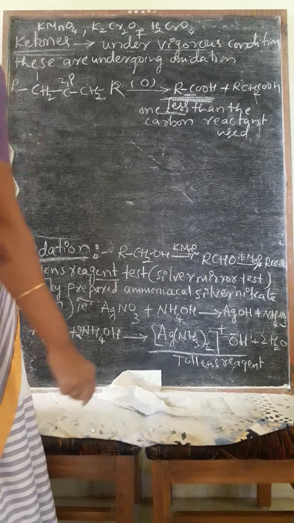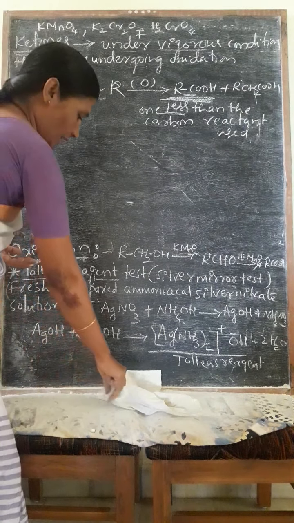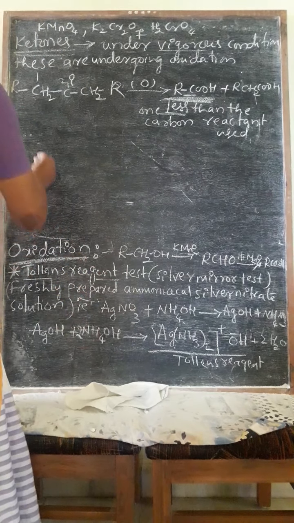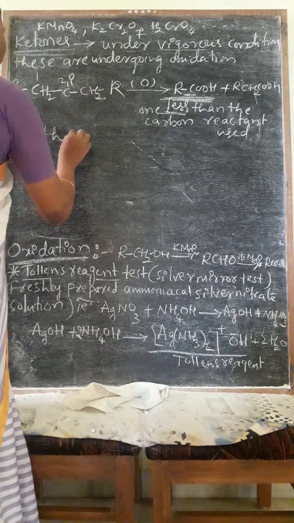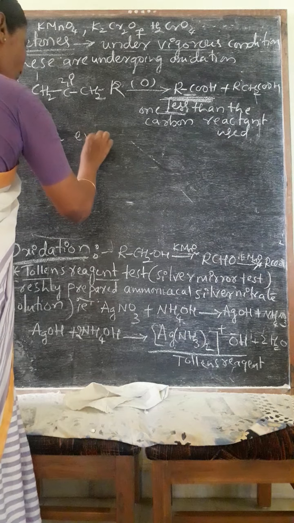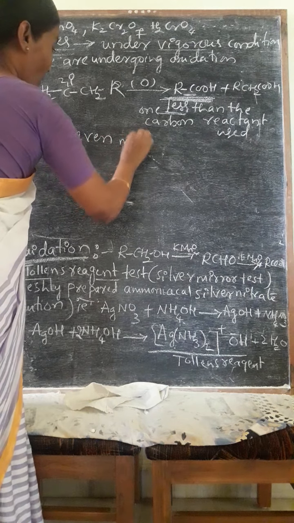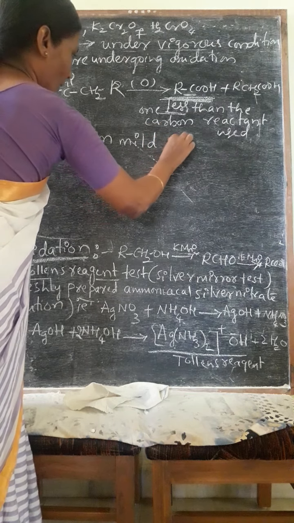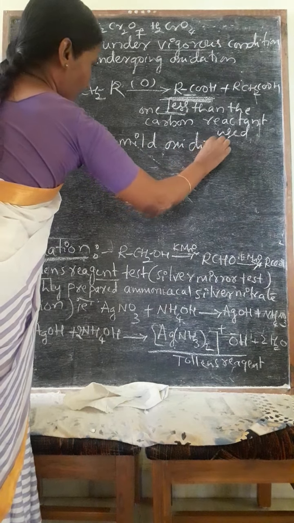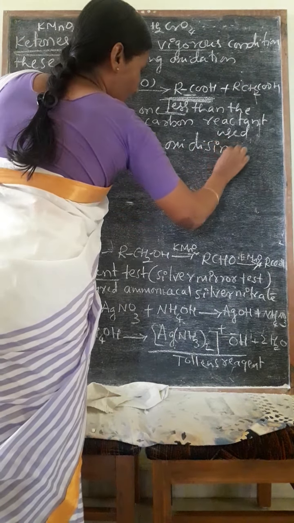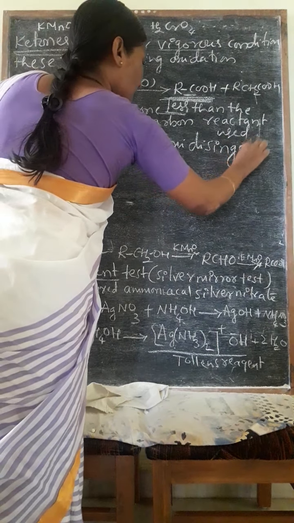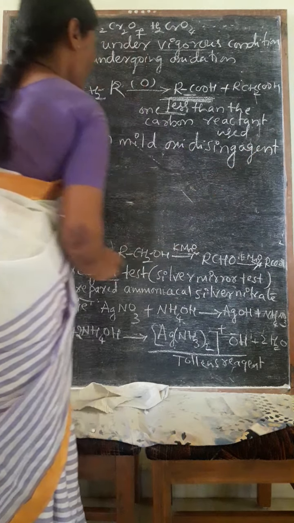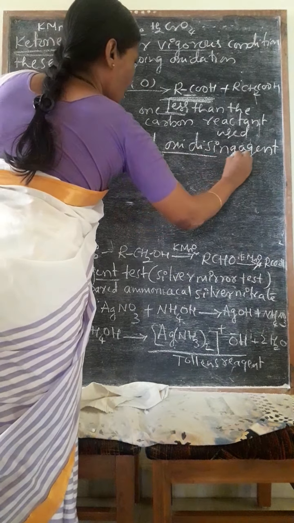Aldehydes show oxidation with mild oxidizing agents, even a mild oxidizing agent. Mild oxidizing agent means not strong. So which are those?